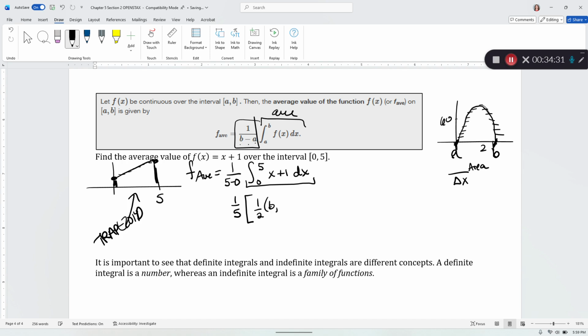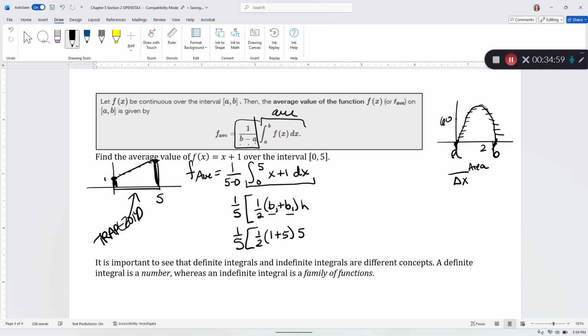We said B1 plus B2 back in like middle school, right? Times height. But your B1 and B2 are the 2 parallel sides. So for us here, this was a height of 1. It's a 1 plus a 5 times a height of 5.